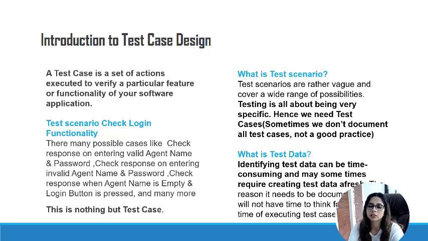That's the ideal case. Now, the fifth test case can be having no inputs, blank data, and then trying to log in. In any login page there are many other links, like forgot password. You have to click on that and check where it is landing us. And then there is another link to register, if somebody is not registered and has accidentally landed on the login page.